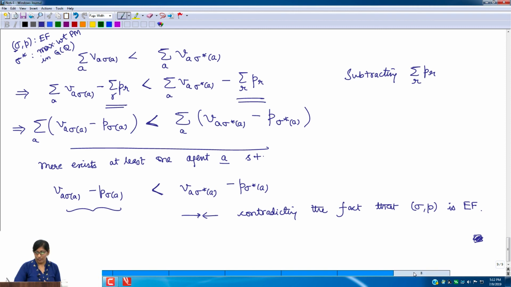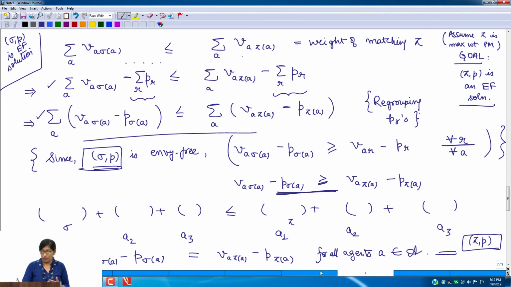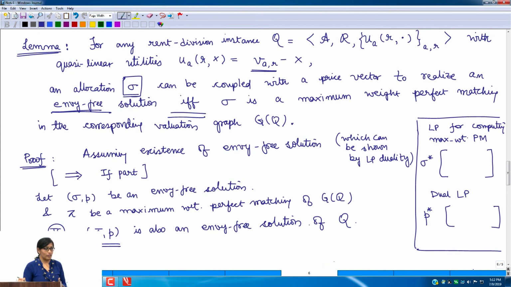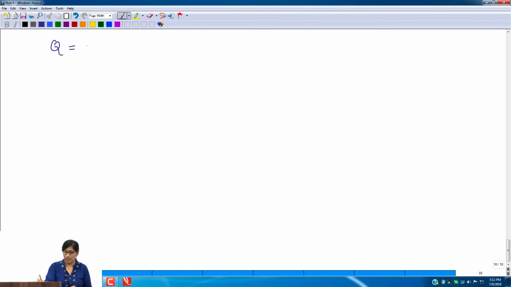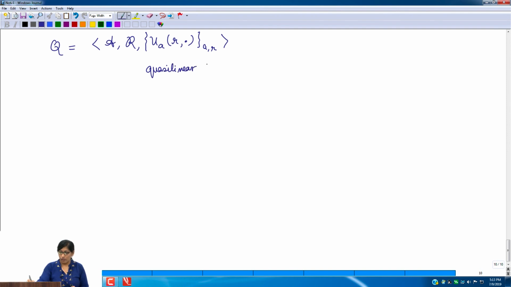So what we've seen is a characterization of these matchings which, coupled with a price vector, form an envy-free solution. Give me any rent division instance with quasi-linear utilities, and I know the characterization for envy-free solutions.